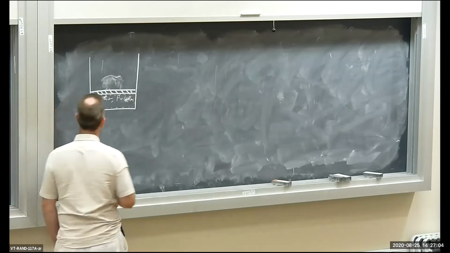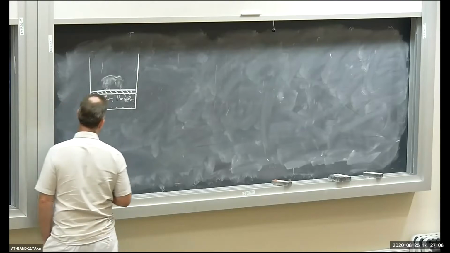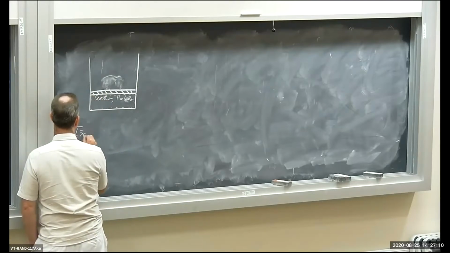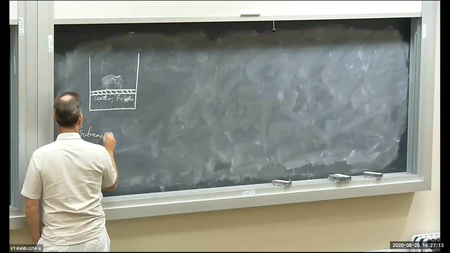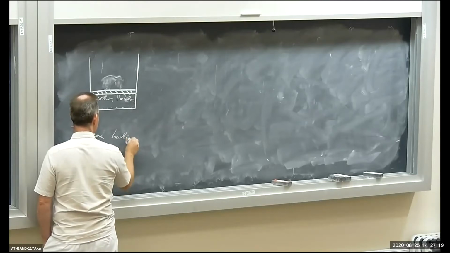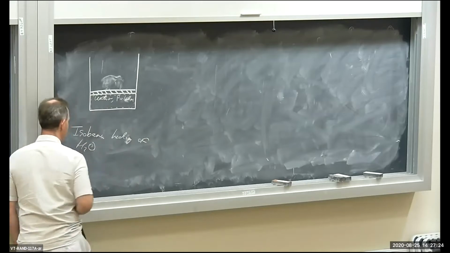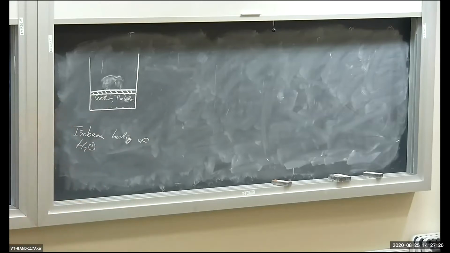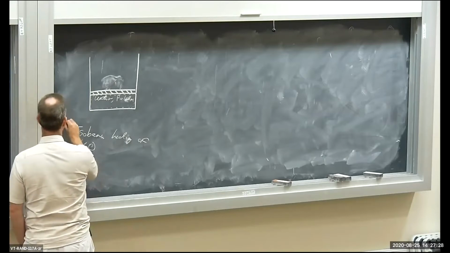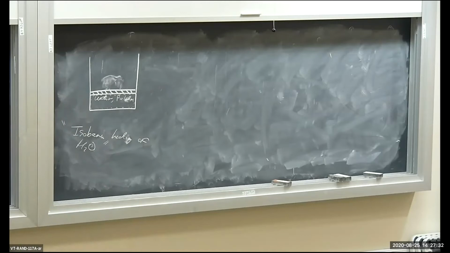So we're going to look at the isobaric heating process for water. Isobaric heating of H2O. That is what we're going to be looking at for this process over the next few minutes.